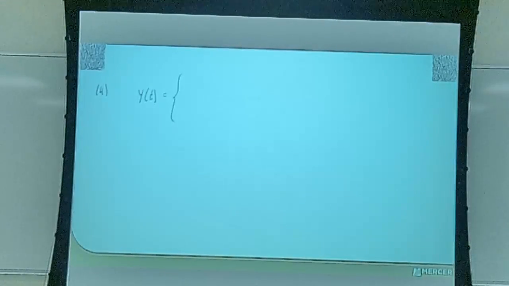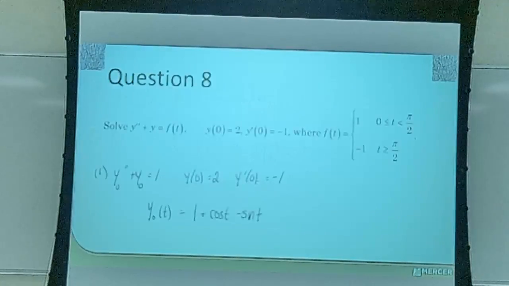Step 4 is to write it back into piecewise form. y of t is y naught, 1 plus cosine minus sine.